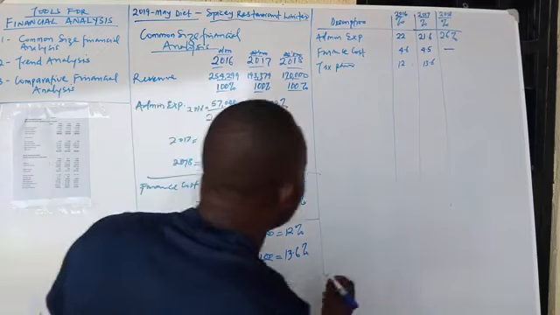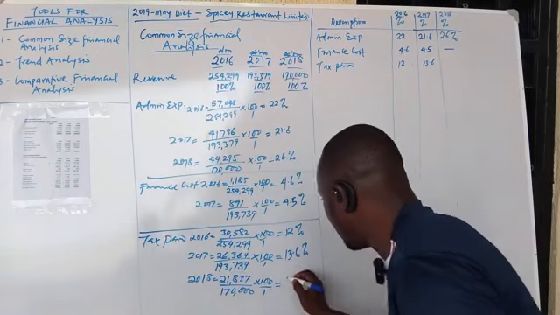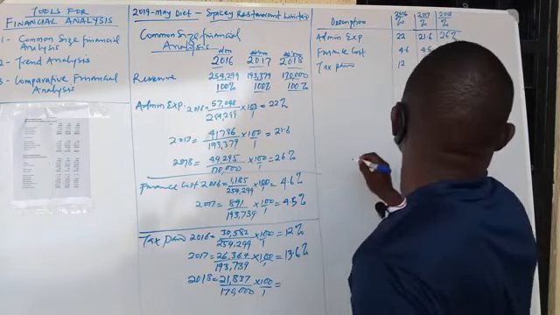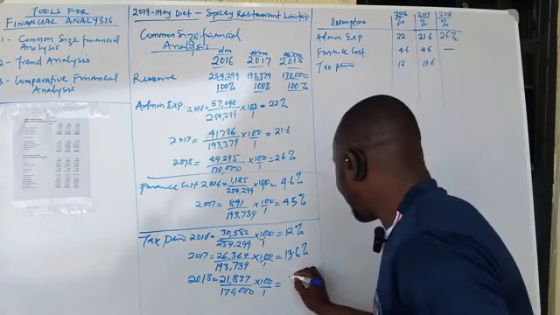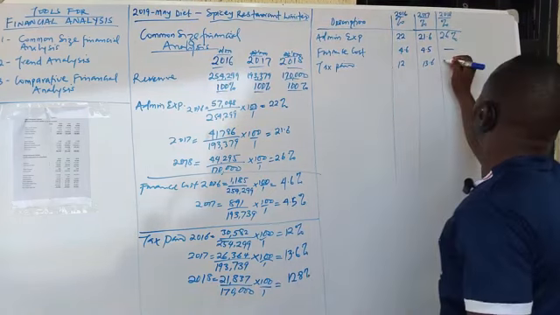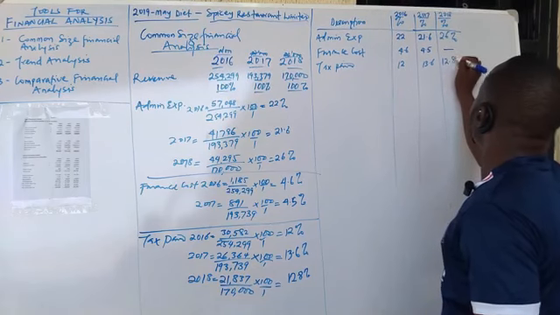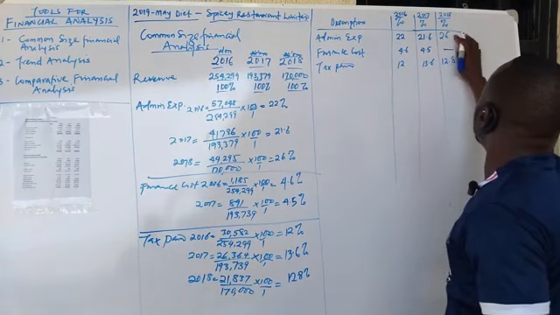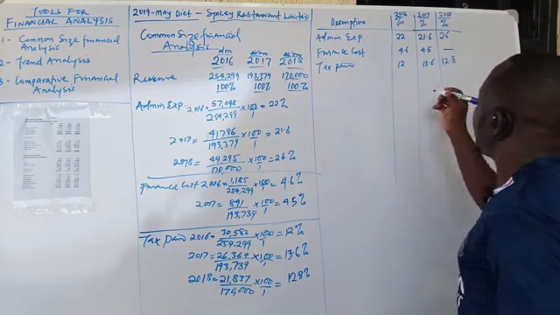Okay, give you how much? 12.8%. Okay, we have 12.8% here.